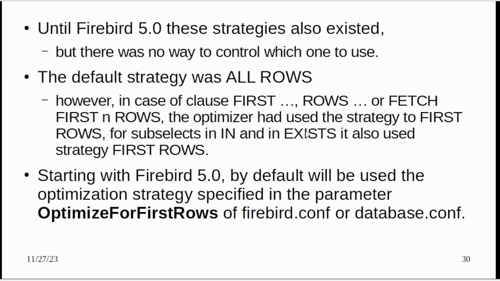Now it is possible to manage the optimization strategy with the parameter optimize for first rows, and also with an additional clause for select to optimize, for example, optimize a report to return all rows as soon as possible, or optimize to receive first records to show in the grid. Also a very interesting parameter. Please read more details in the article.